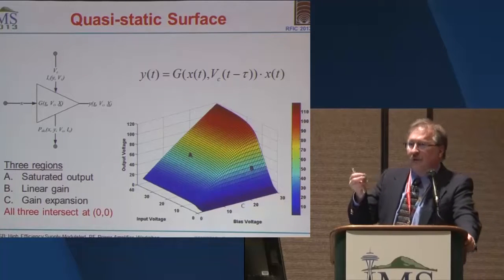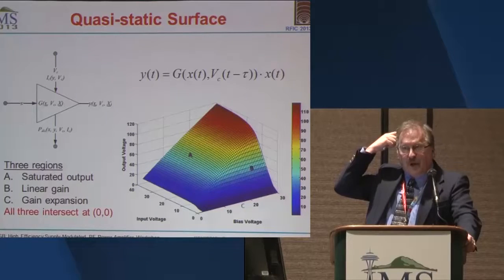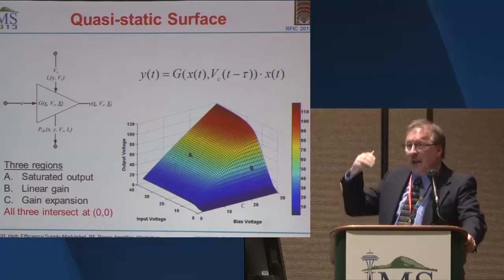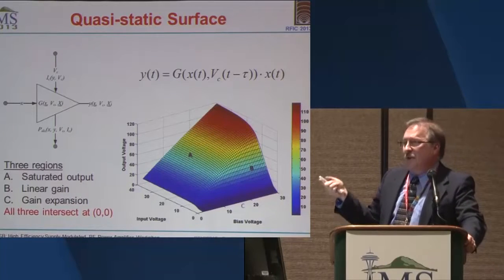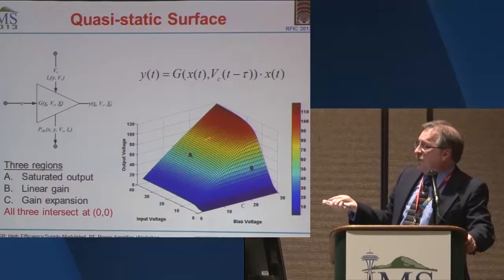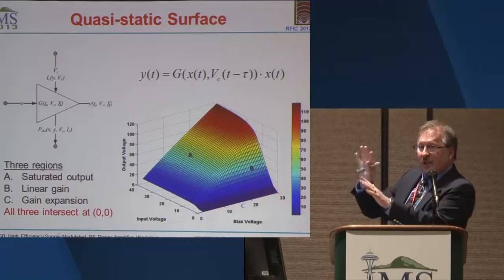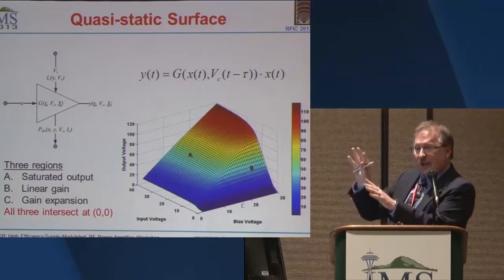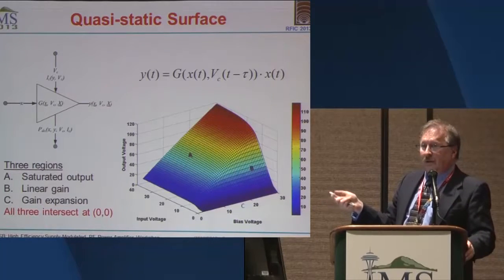And these are in priority level. The third one that'll have an impact is the saturated voltage, the saturated output power. Actually, you could argue that might be the second one, and the gain expansion is the third one. But that'll modulate this plane. So you're going to have this surface breathing, as it were, or undulating as you pull on the output load of the RFPA. Now, if that wasn't enough for you, here's the next one.